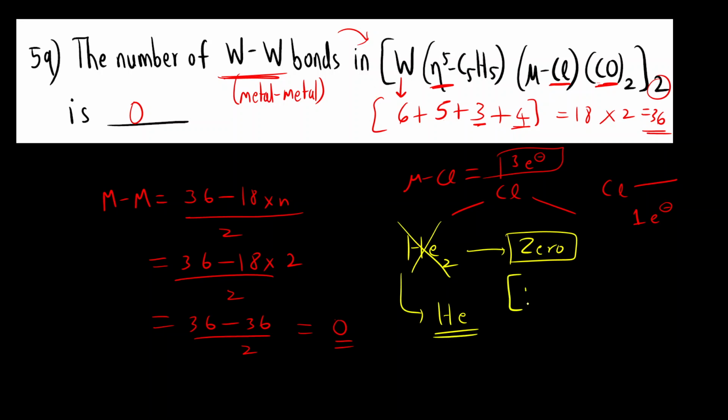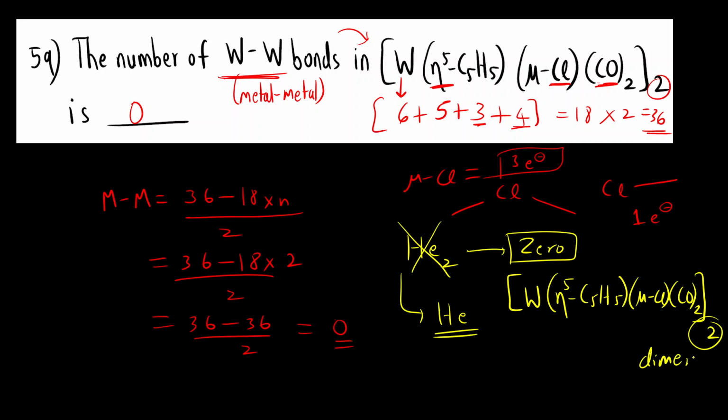Similarly, if they have written C5, eta 5 C5H5, mu Cl, CO twice and whole of twice, this whole of twice means it is a dimer. Since the metal-metal bond is 0, dimer will not exist. Dimer will not exist, so you remove this. This is how it will exist.